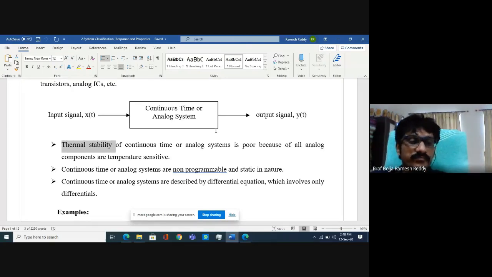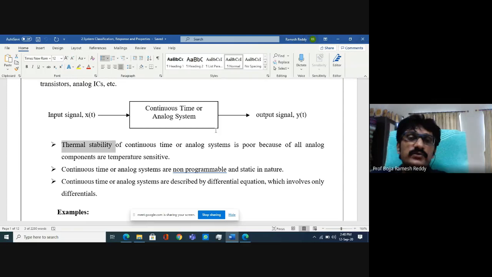What is thermal runaway? If the temperature increases at the junction, suppose in a common emitter amplifier, between collector and emitter, if temperature keeps increasing, then the reverse saturation current increases. All of you know the concept: reverse saturation current doubles for every rise of 10 degrees of temperature.